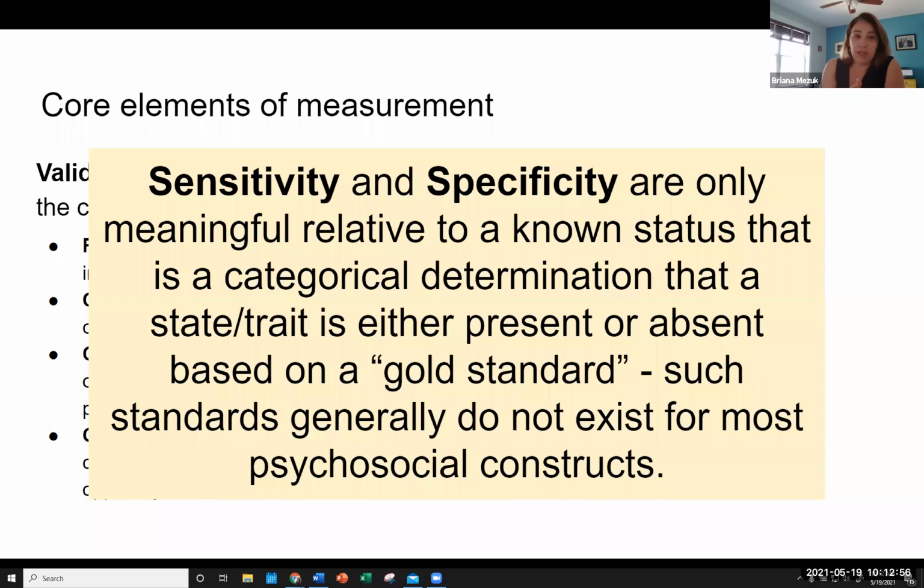And when we're talking about something like loneliness or vigilance or stress, some of these other constructs that we're particularly interested in, there's definitely no gold standard that says, oh yes, that's high stress or that's low stress. Also, most of the things that we're interested in are not there or not there, right? Rather they're on a continuum or they're dimensional constructs. And so sensitivity and specificity, even though we are taught these very early on as a metric of validity, are not very meaningful when we're trying to understand psychosocial constructs.